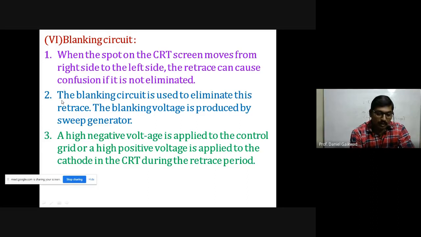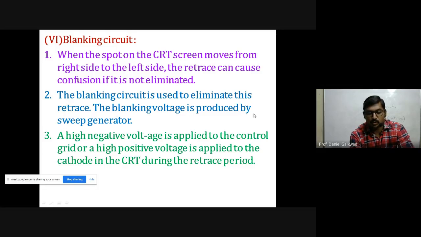For that we have the blanking circuit, which is used to eliminate the retrace. When the signal traces from left to right, it will appear, but from right to left, that should be blank here. For that purpose we have the blanking circuit. The blanking circuit is used to eliminate this retrace.